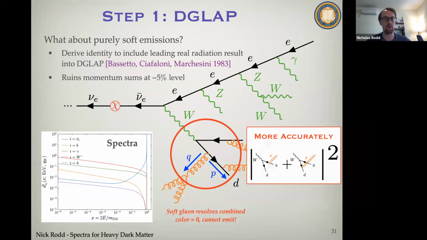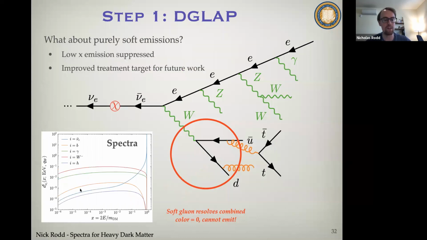You lop these particles off, and you can see going back and forth, it generally just suppresses the distribution of all the states at lower energies, because even if I'm cutting off some gluons here, this gluon could have become quarks, or other states. And so the production of any of these soft particles will eventually be reduced. You can see that this can create quite a large difference, which is why we wanted to incorporate it. But we know that we've got a bit of an ad hoc treatment here that we'd like to improve on.